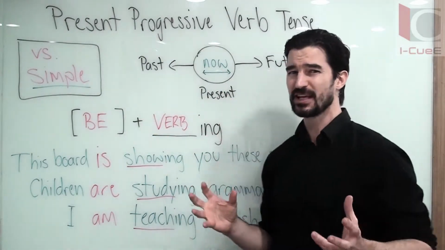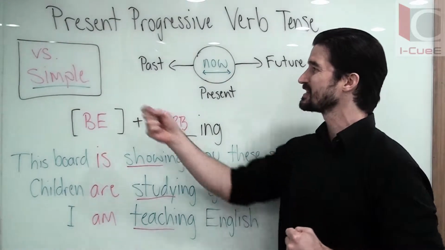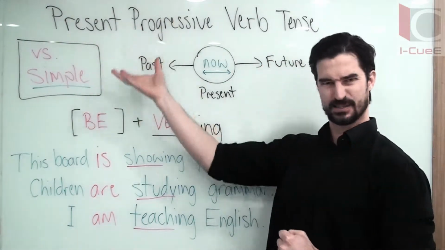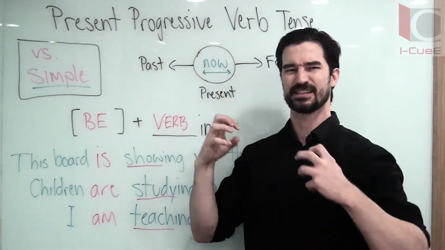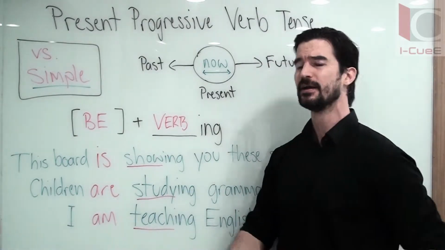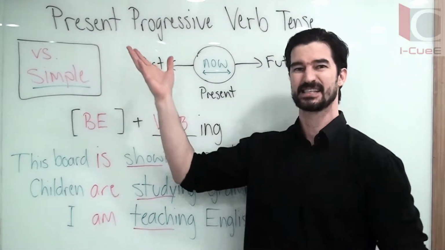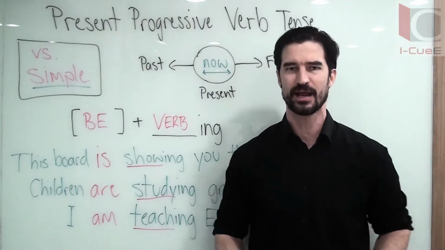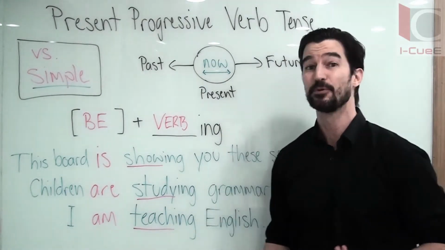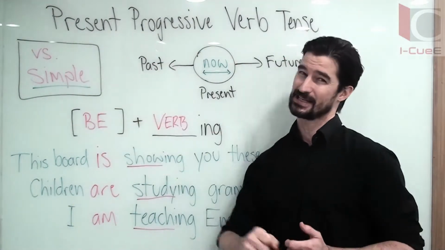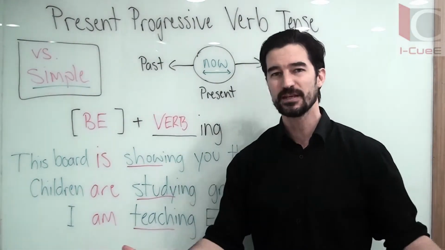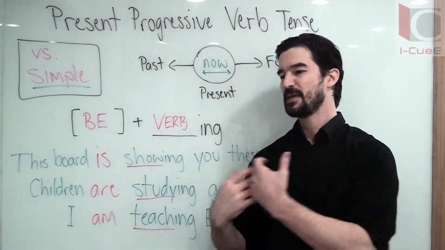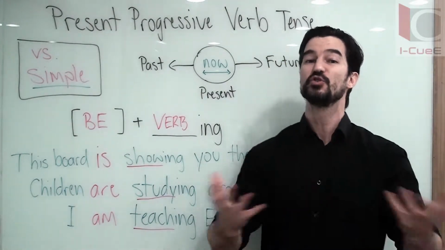Now, a lot of students want to use the simple present like it's the present progressive or vice versa. There's just a lot of confusion here. Because when we think about the simple present, you think, well, I want to say what I'm doing right now. But that's not how the simple present works. Remember, the simple present tense gives general information about what people or things usually do.